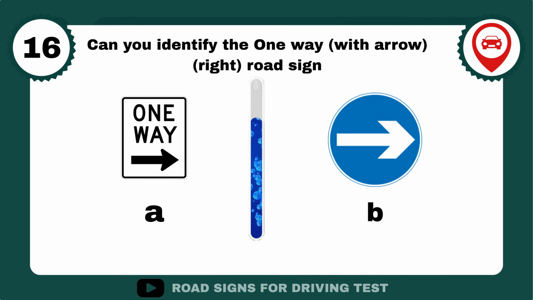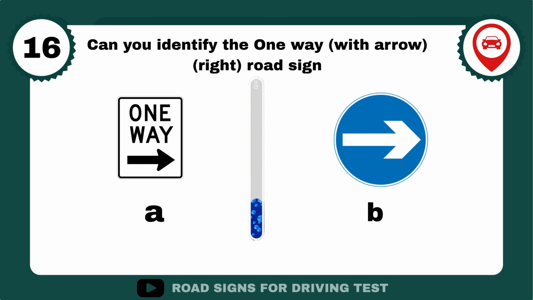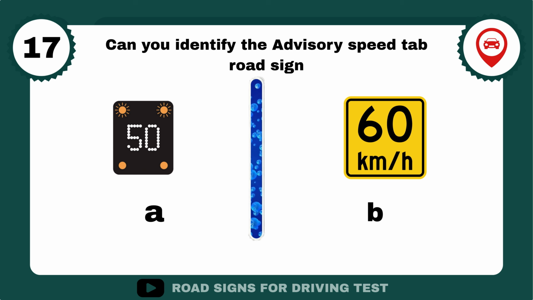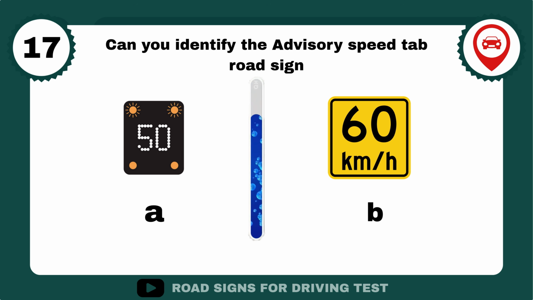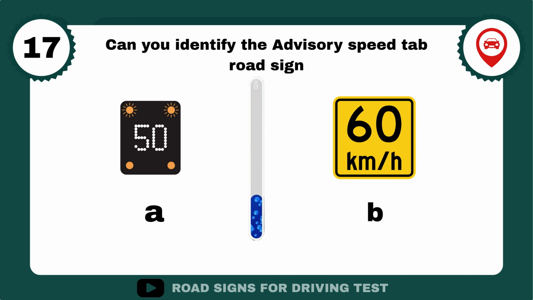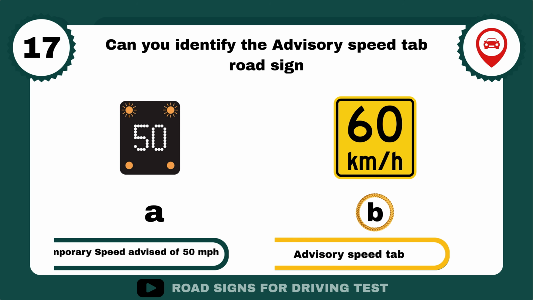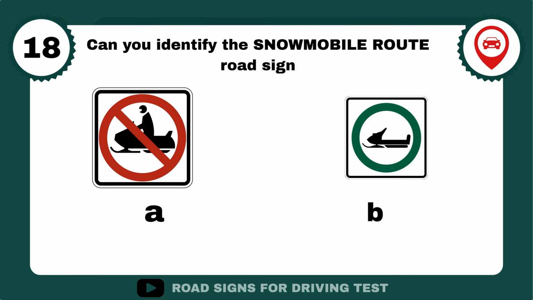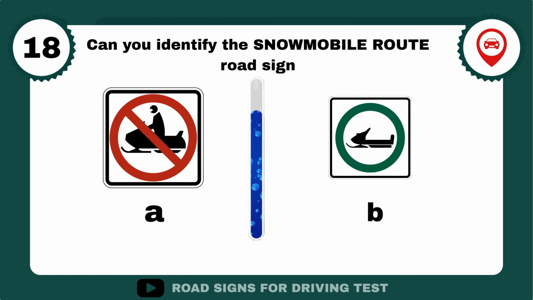Which sign means one way, with a right arrow? Identify the advisory speed sign in the group. Which one is labeled as a snowmobile route?